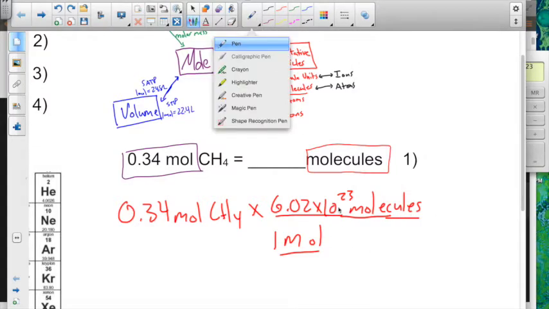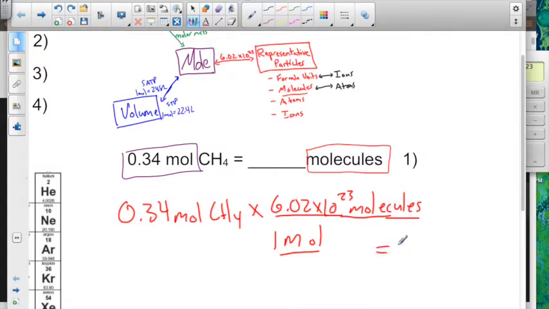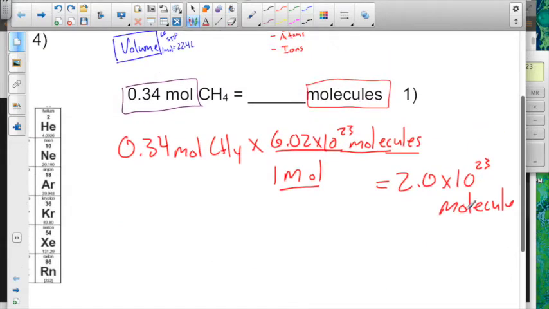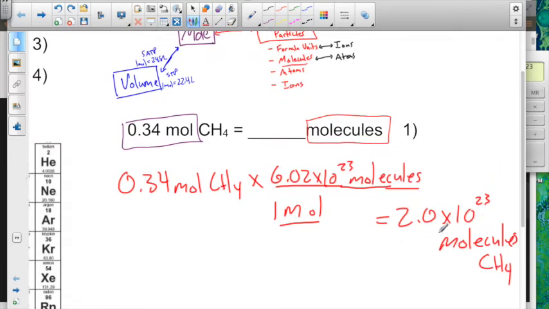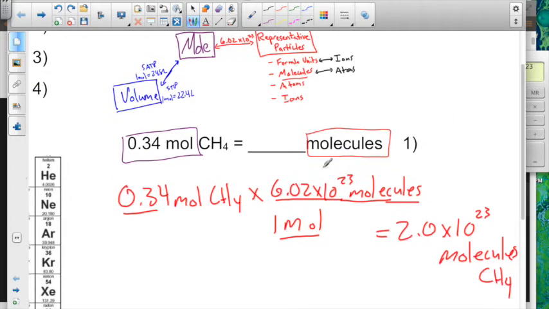So our answer here for number one is 2.0 times 10 to the 23 molecules of CH4. So that means we have 2.0 times 10 to the 23 molecules of CH4 in 0.34 moles of CH4. That's just a regular old one-step conversion.